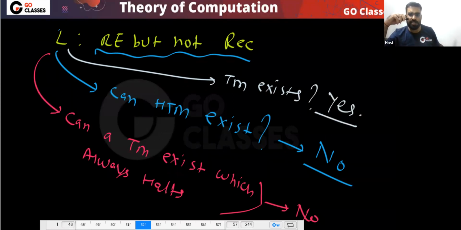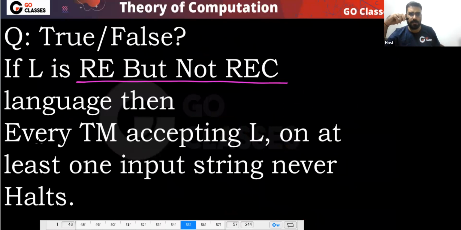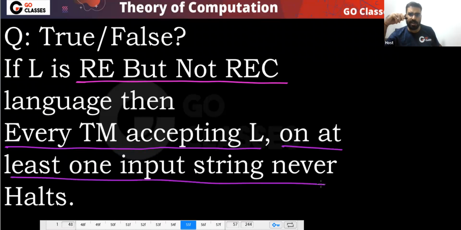So if your language is RE but not REC, then can I say every Turing machine accepting L, on at least one input it will never halt? Is this statement true or false?